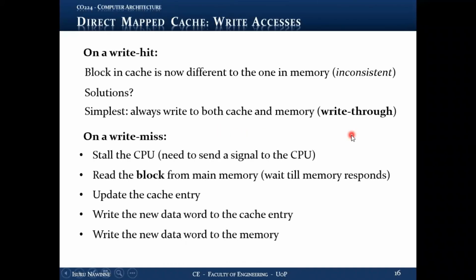So on a write miss, in the case the block is not in the cache, then we needed to stall the CPU just like in a read access by sending a signal to the CPU asking it to freeze, don't fetch any instructions, don't complete any pipeline stages and so on.